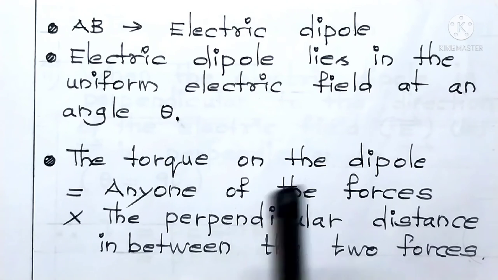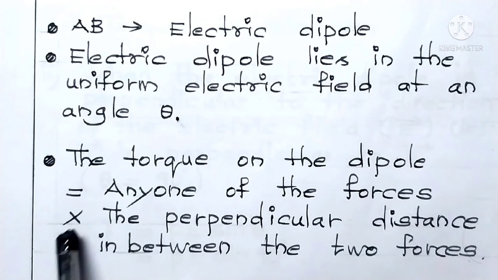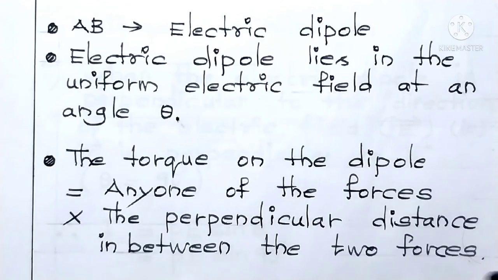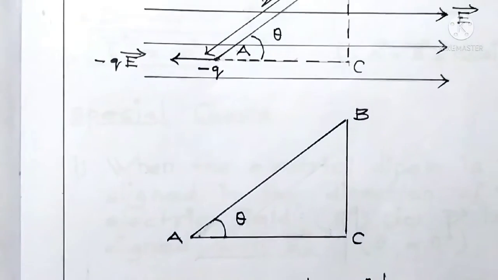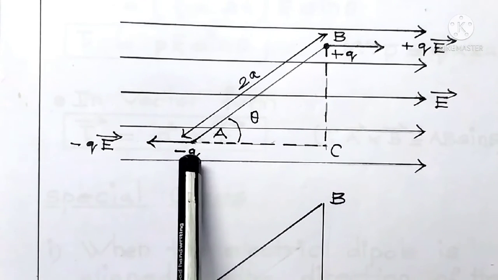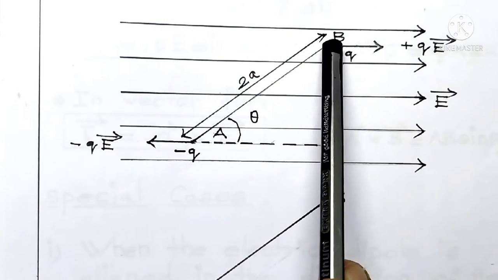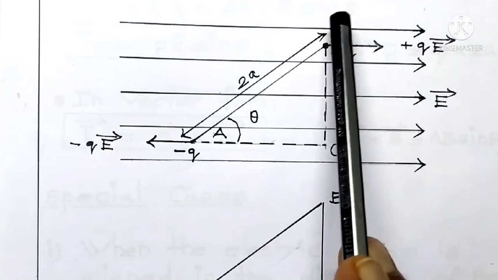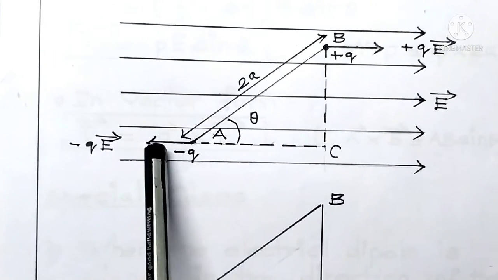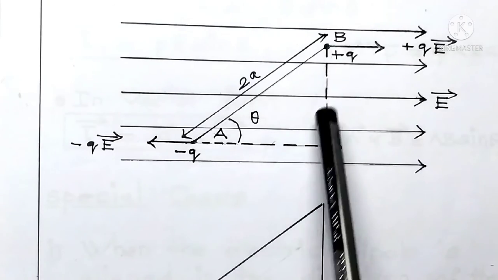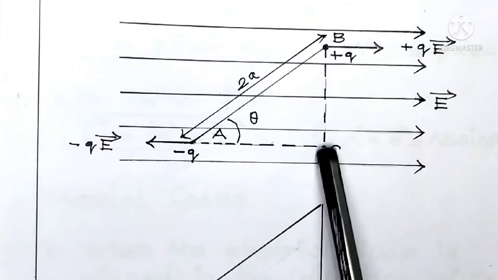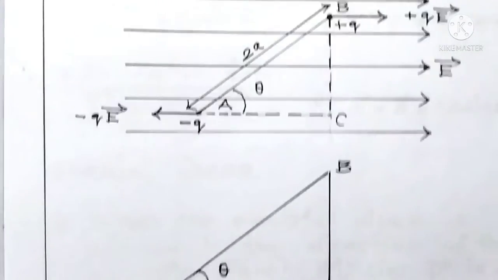Now let us take any one of the forces and multiply it by the perpendicular distance between the two forces. Now let us see the diagram once again. Here, which is the perpendicular distance between the two forces? A force acts at this point and another force acts at this point. The perpendicular distance is nothing but this one. Here extend this line. So this is the perpendicular distance between these two forces, which is nothing but BC.